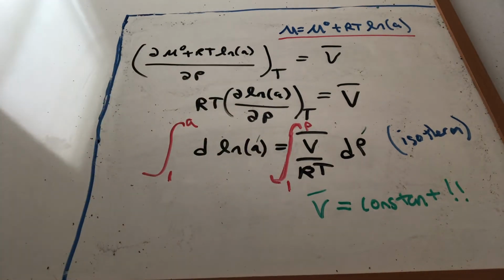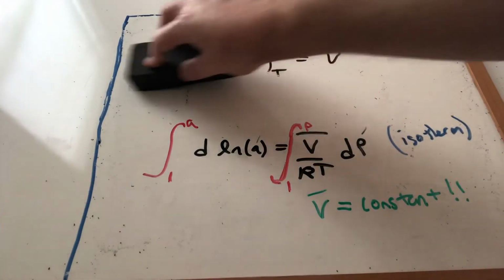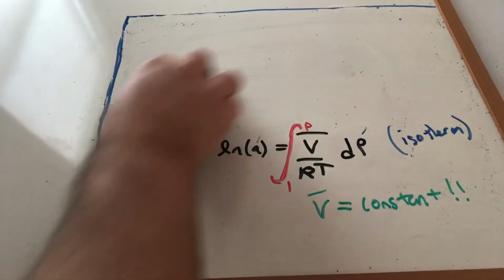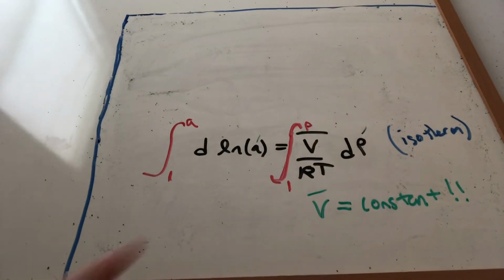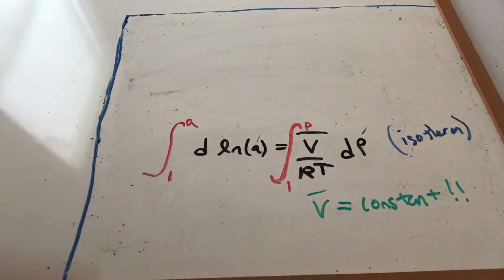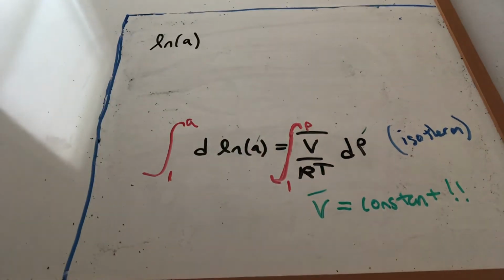So let's do this integration. On the left-hand side, I already kind of said what we would get. We're going to get the natural log of a out of our integration, evaluated at a, and we're going to get natural log of a.